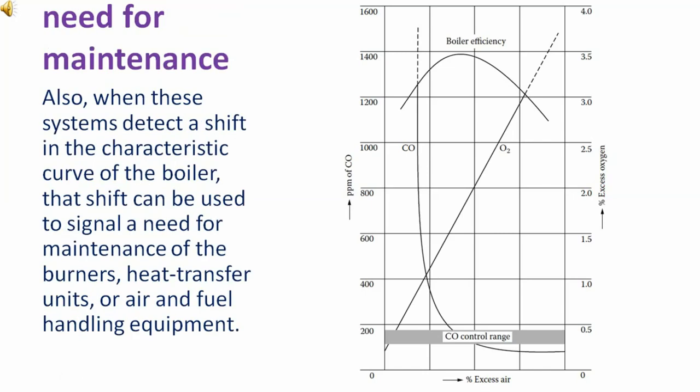Also, when these systems detect a shift in the characteristic curve of the boiler, that shift can be used to signal a need for maintenance of the burner's heat transfer units or air and fuel handling equipment.